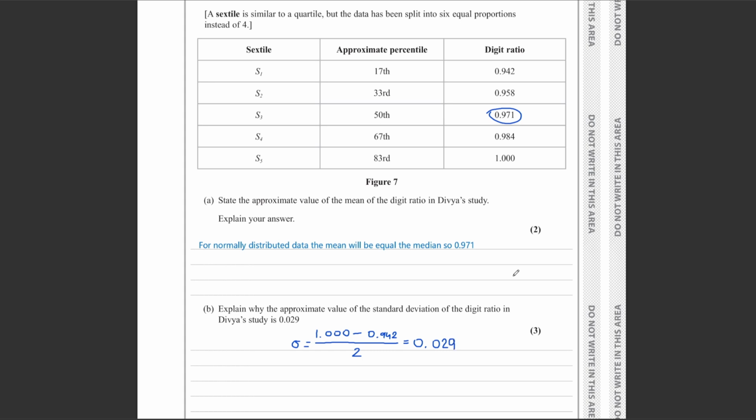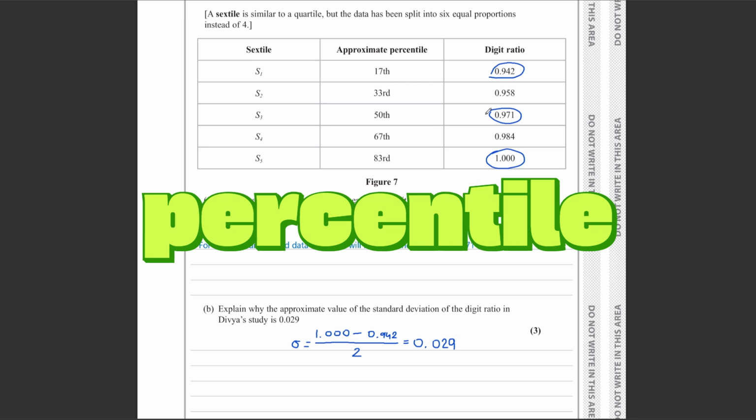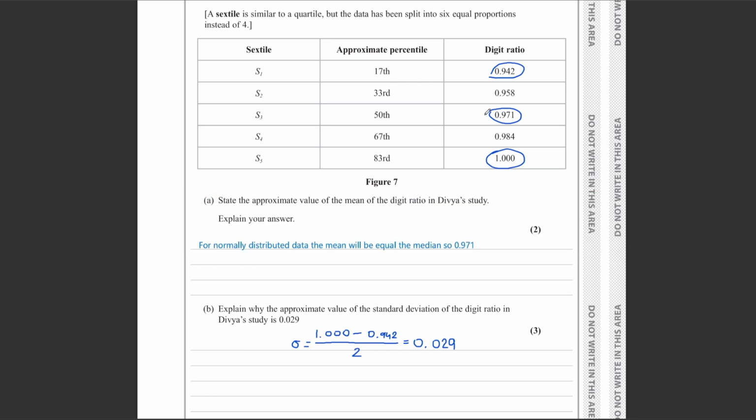In question B, the 17th and the 83rd sextile is roughly one standard deviation below and above the mean, in normal distribution, so that's just the average of them difference.